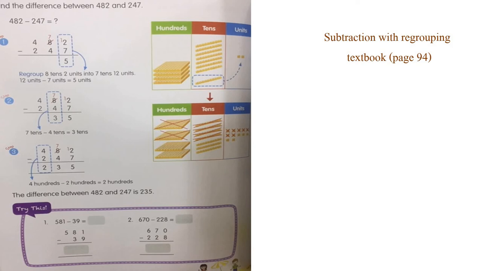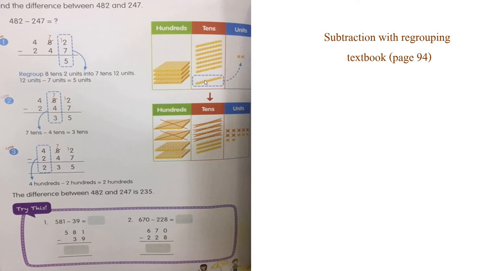Okay, now let's go to the next page. Find the difference between 482 and 247. I know that 400 is bigger, and we put it on the top over here. Step 1, we stack it up. I have 482 and I have 247, but oops, 7 is bigger, so I have to ask the 2 to go to the next door, which is the tens place. I will visit the tens place.